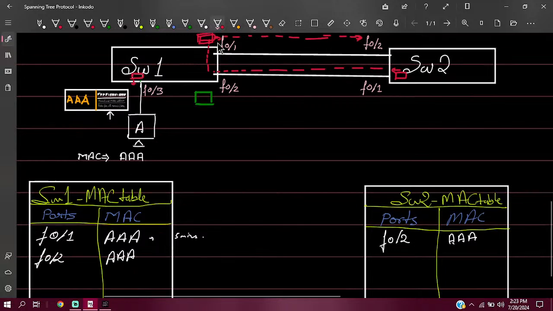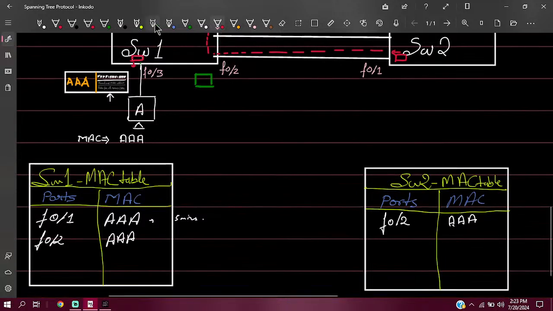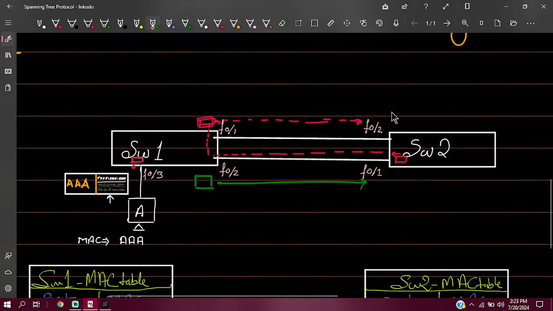The same thing, guys, would happen with this green frame also. It will exit from here and reach switch 2's 0/1. Being a broadcast, this frame's copy would be sent back from FastEthernet 0/2 towards switch 1.